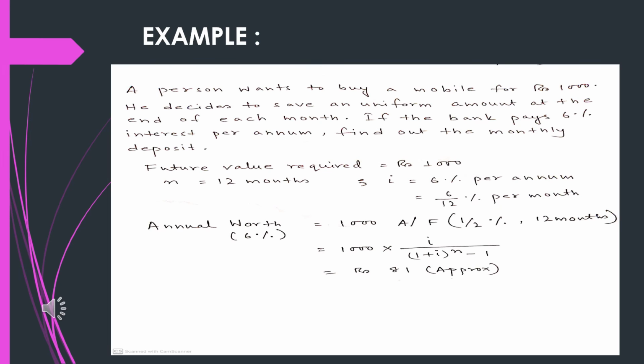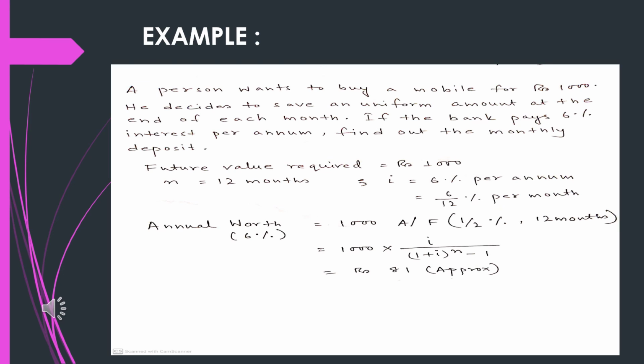He decides to save that rupees 1000 as a uniform amount at the end of each month, and keeps it in a bank where the bank pays 6% interest per annum on each deposit. We need to find out the monthly deposit made by the person.